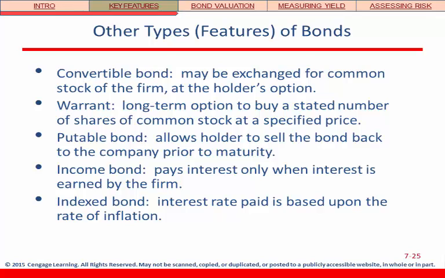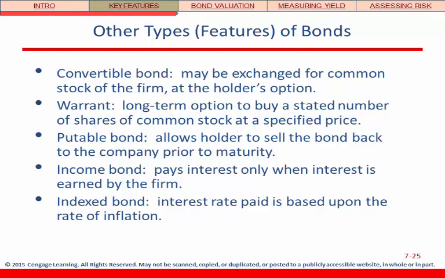Now, warrants are very similar to convertibles, but the main difference is that instead of giving the investor the option to exchange the bonds for stocks, warrants give the holder an option to buy stock for a stated price. In other terms, warrants are long-term options to buy a stated number of shares of common stock at a specified price.